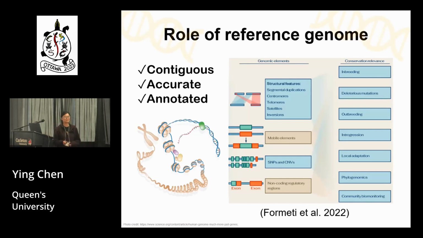So yeah, a genome is a blueprint for all species, and it tells us how different genomic elements are arranged spatially, where the functional and non-functional elements are located and interact, and which genomic regions differ among populations and species.